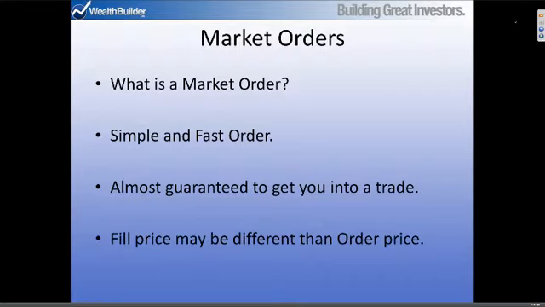That price may be $38.05 or $38.07, right around $38. That difference between your order price, $38, and the fill price is known as slippage.